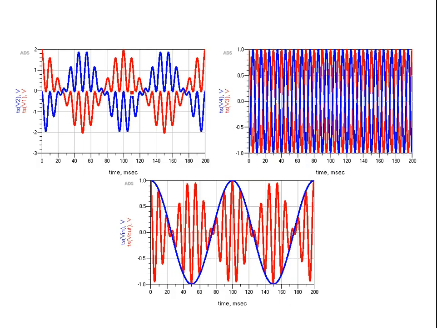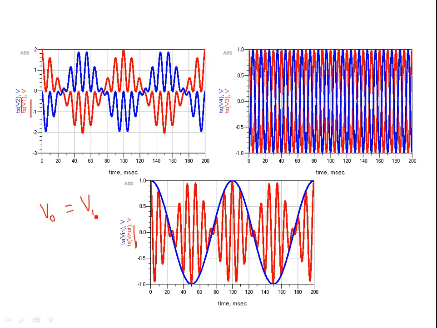Look over here. What happens? Once you start mixing the local oscillator with the RF, this is V1 and this is V2, and as expected they're phase inverted. So V out over here is V1 plus V2. So let's write this up.